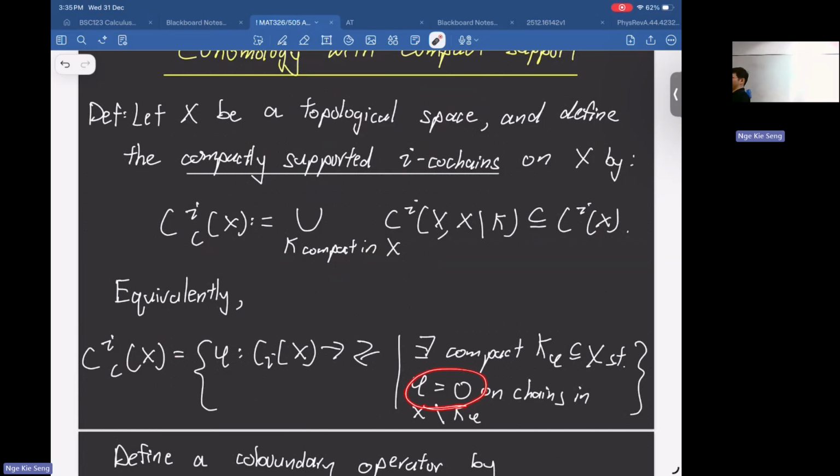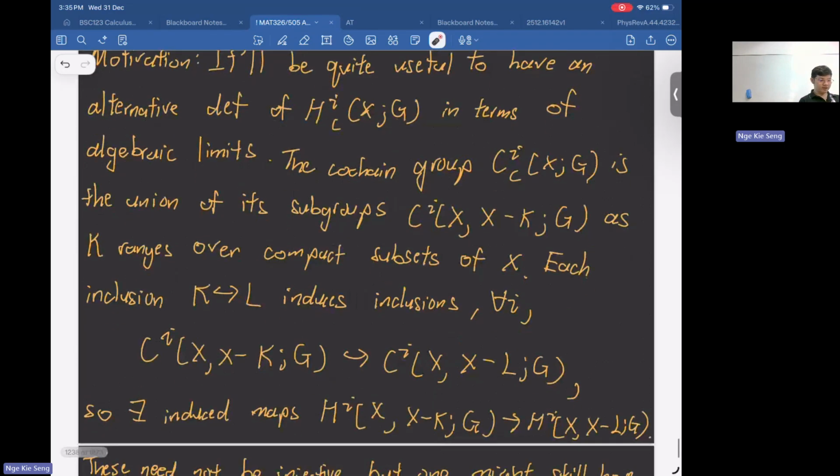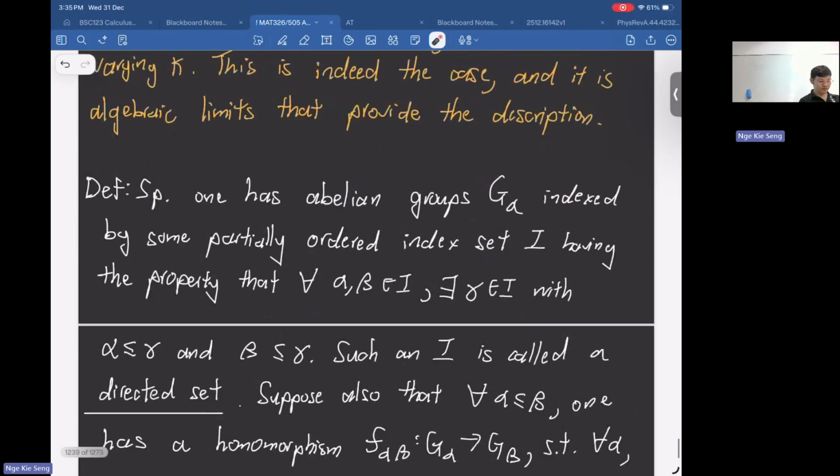This is what compact support is. You are supported on the compact set. Other than the compact set, you are zero. So for non-compact manifolds, we also have Poincare duality, but only for compactly supported cohomology. Okay. So I won't define the map for you, but I just want to give you some ideas.